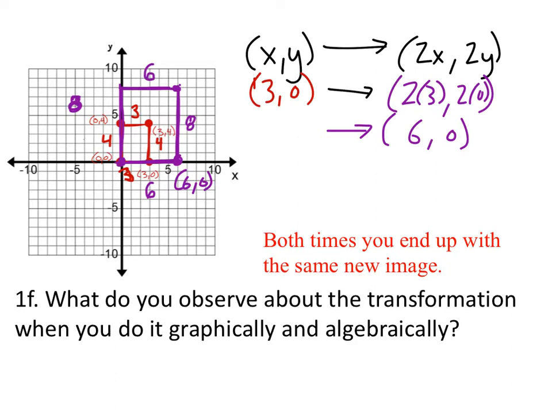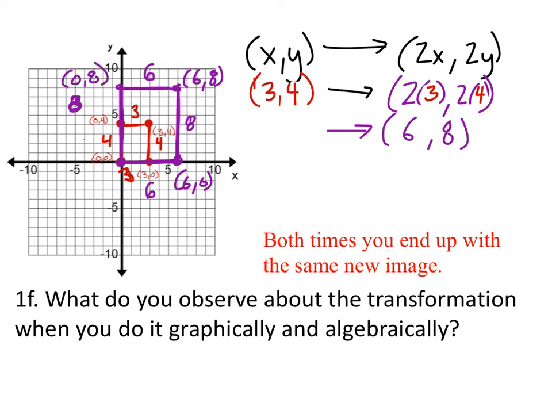We can also do it for 3, 4. So if the x is 3 and the y is 4, then we replace them into the rule in order to get the new coordinates at 6, 8, which would be this point here in the top right at 6, 8. And it works for these other points as well, like this one, we're going to double the 0 and the 4, so 0, 8.